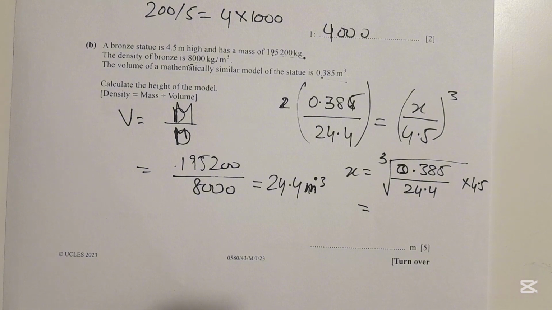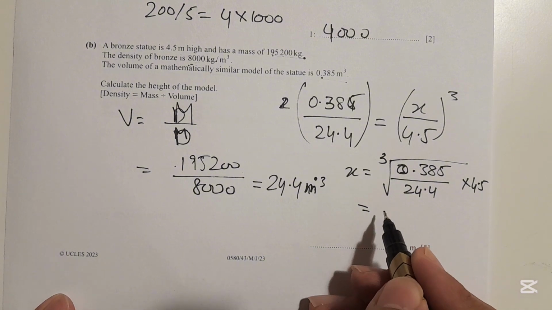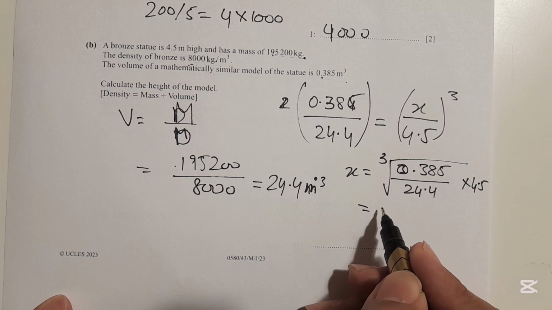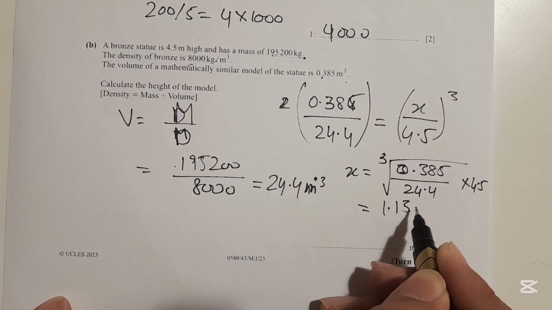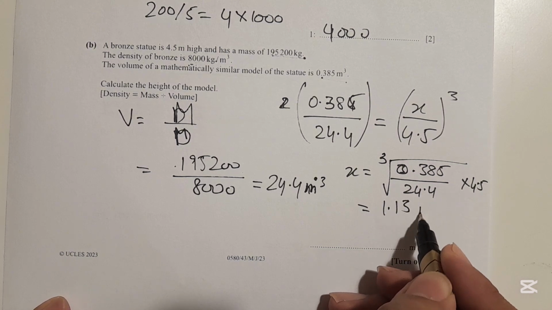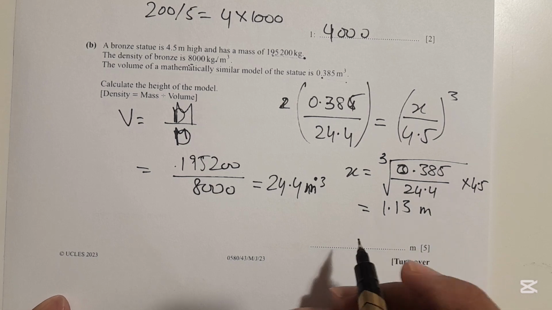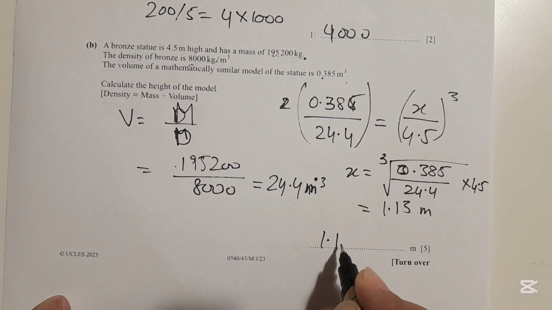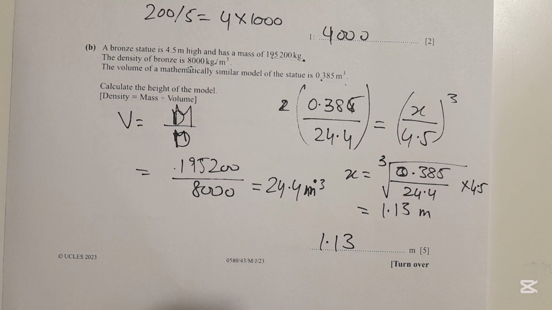Using the calculator, that is 1.128. You have to make it to two decimal places or three significant figures, so it will be 1.13 meters. This is the height. 1.13 meters will be the final answer for part B.